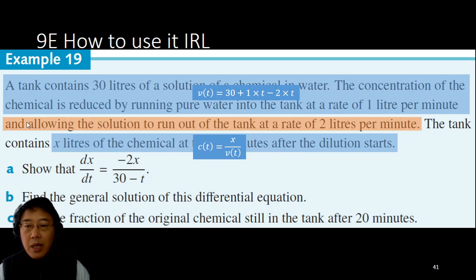Also, you're leaking out solution at 2 liters per minute. That tells you that you get an outflow rate of negative 2 liters per minute. Okay, so the way you're going to resolve that, you need to show that differential equation. So keep those in mind.